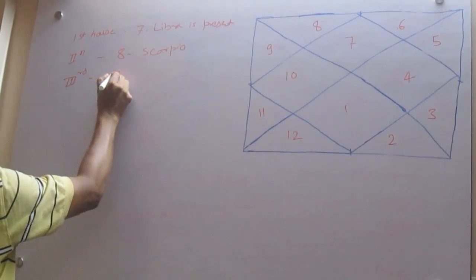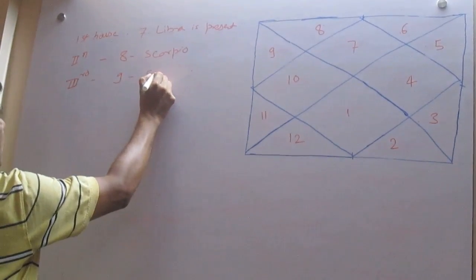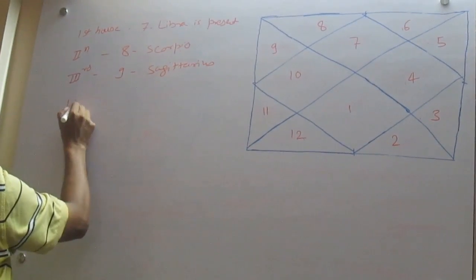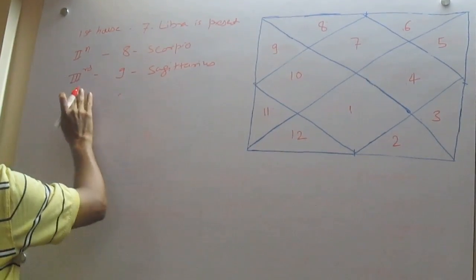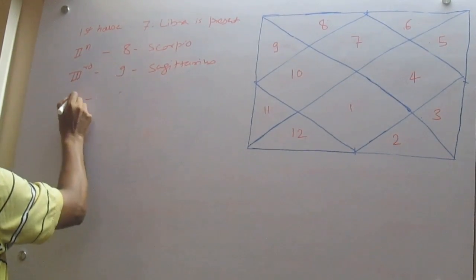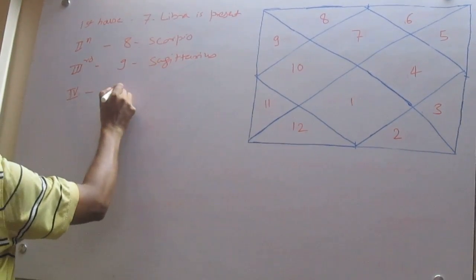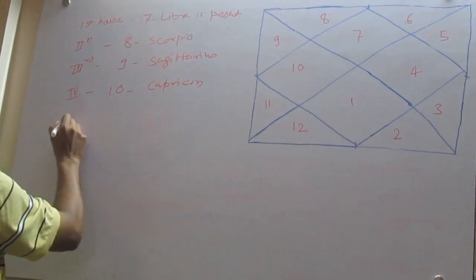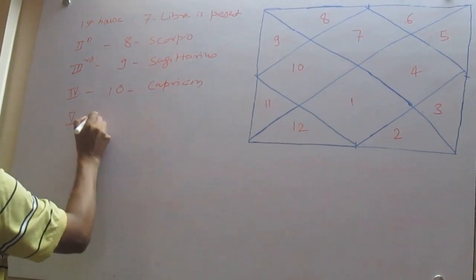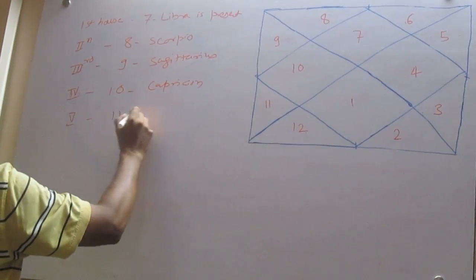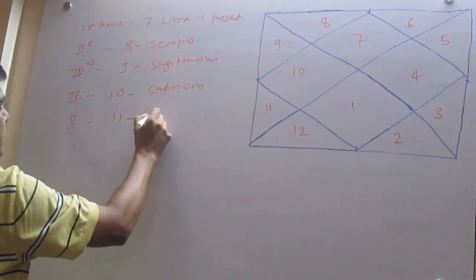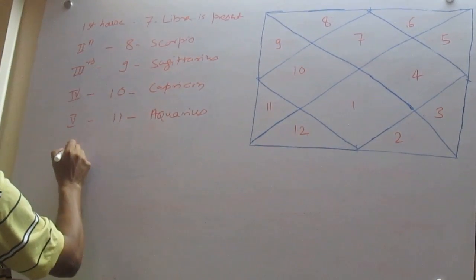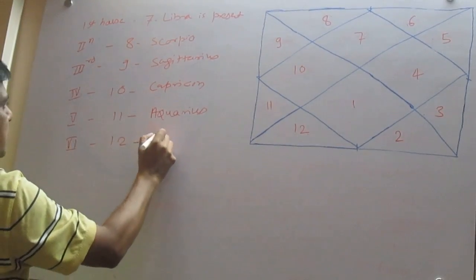Third house, Sagittarius. Fourth house, Capricorn. Fifth house, Aquarius. Sixth house, 12 number Rashi, Pisces.